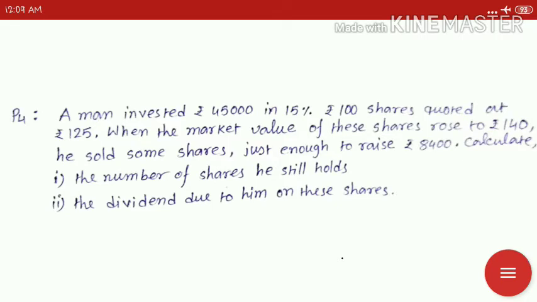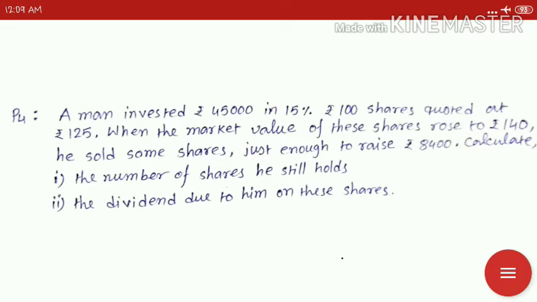So now we need to find out: he sold some shares. Out of the shares he has bought, he has sold some of them, and the amount of the shares he has sold is just enough to raise 8400 rupees. We need to calculate the number of shares he still holds and the dividend due to him on these shares.